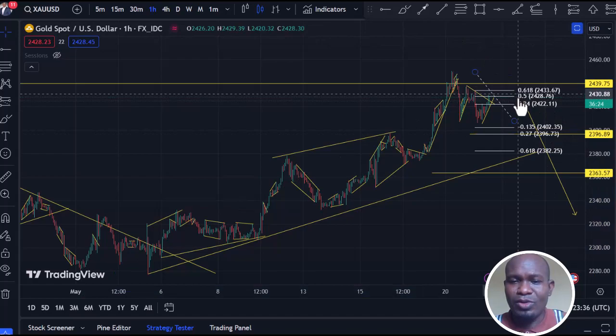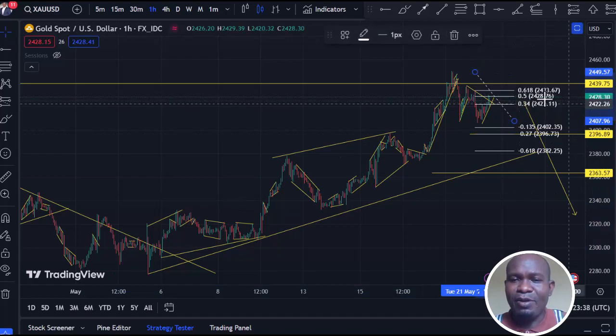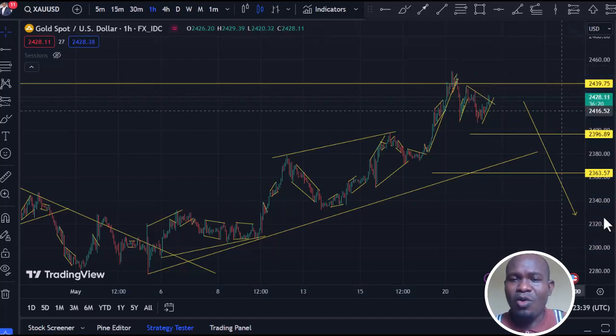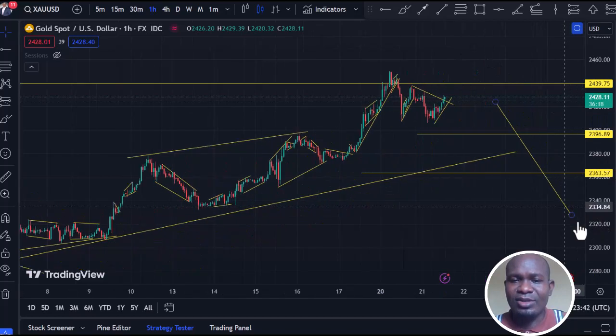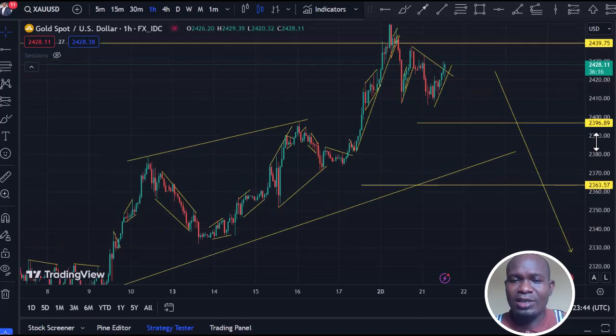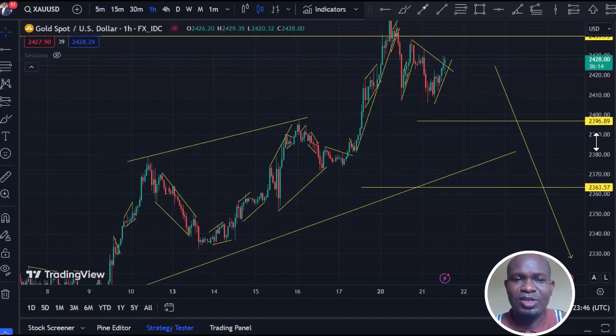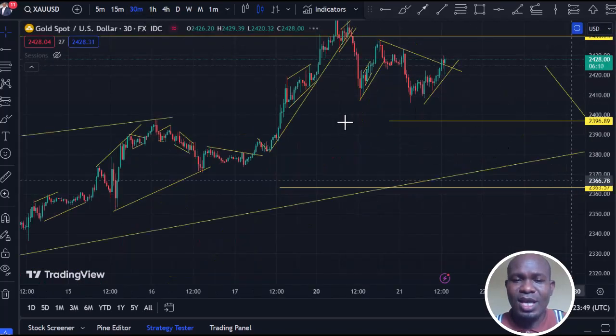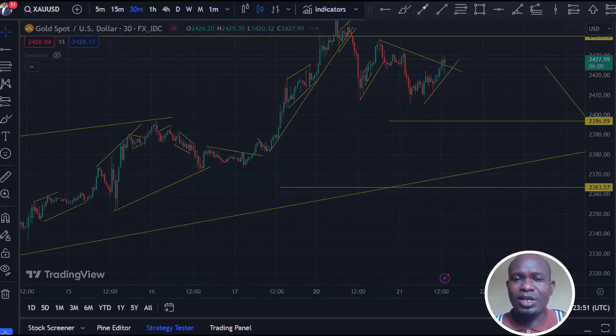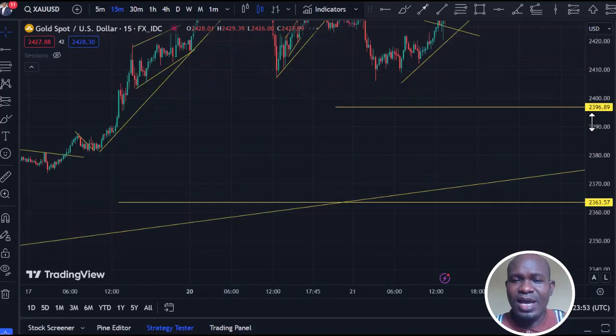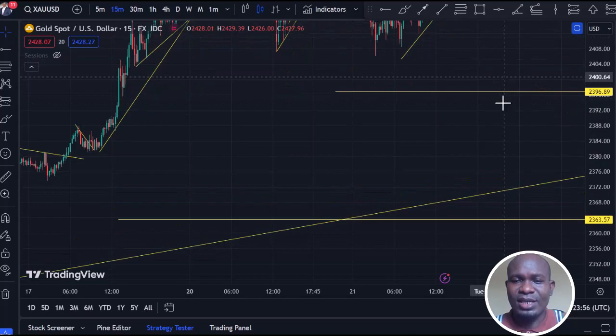So these are the two places that we are hoping this might come to. But the first take profit, most times we always smash out within a few hours once this trade is confirmed. So what we are waiting for at this point, if I go to 15 minutes, is for us to see a setup that we understand.